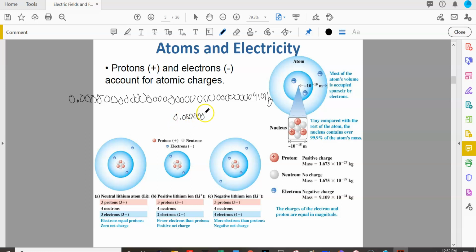If you weighed 1 kilogram, whatever the object would weigh would be 1, 2, 3, 4, 5, 6, 7, would weigh 1 million kilograms. And a kilogram is 2.2 pounds. So if you weighed 2.2 pounds, this would be 2,200,000 pounds. That's kind of the difference between an electron and a proton. A proton is much, much heavier than an electron.